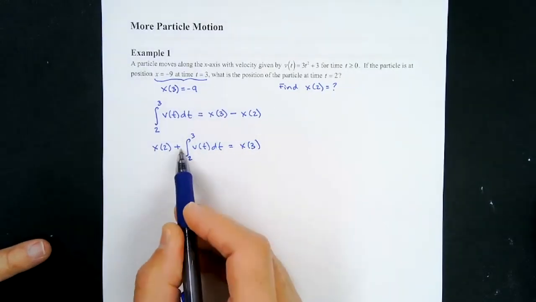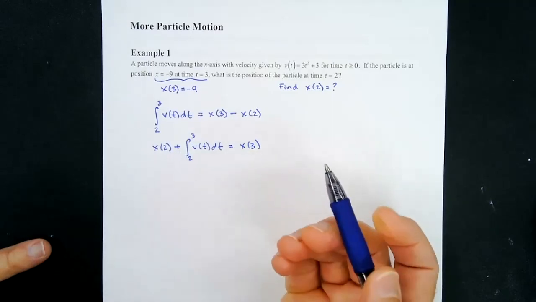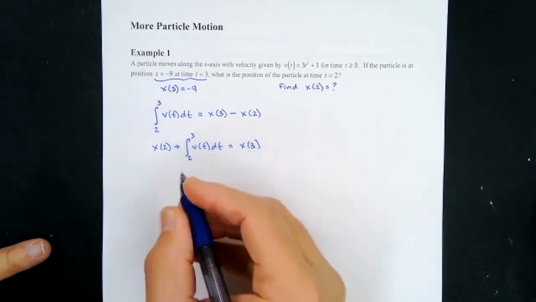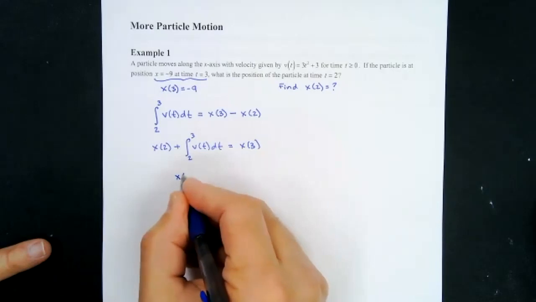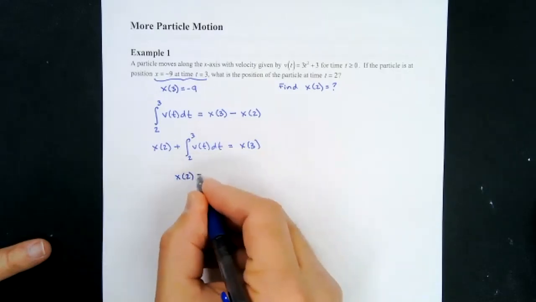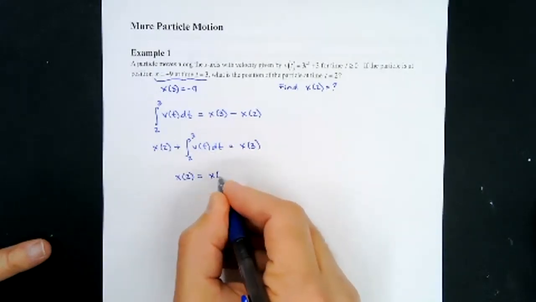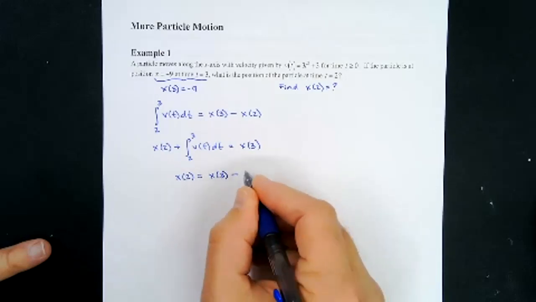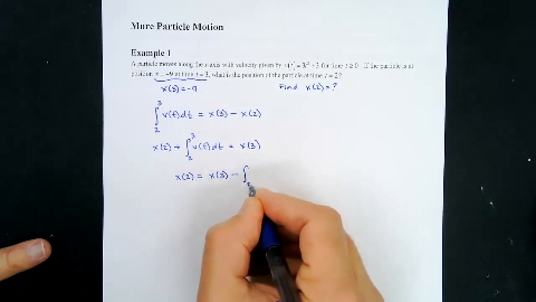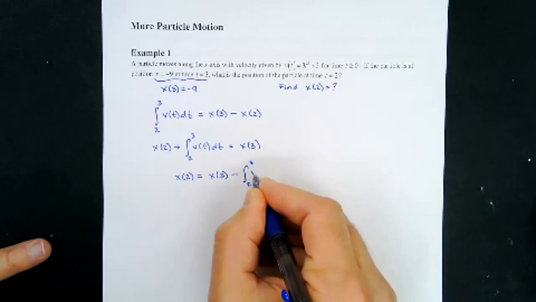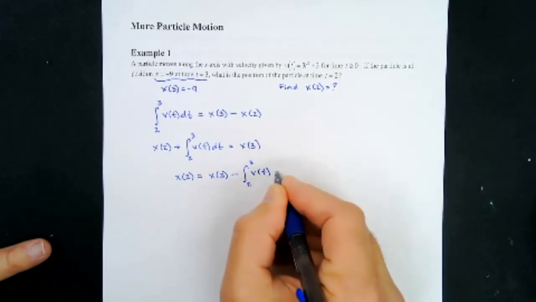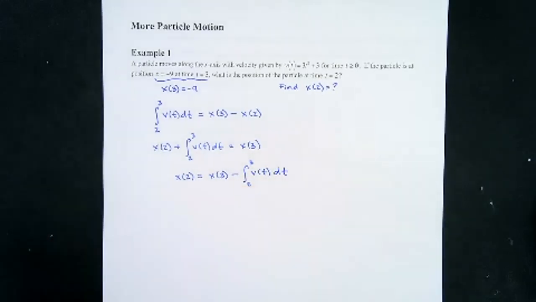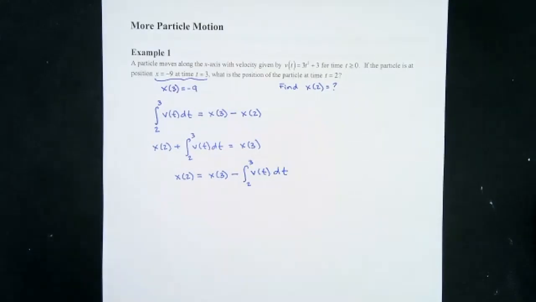Then if I move this integral, that will be solving for x of 2, which is what I'm trying to find. So x of 2 is equal to x of 3 minus the integral from 2 to 3 of v of t dt.